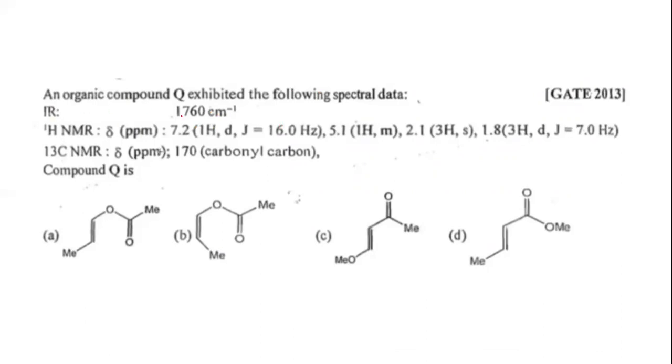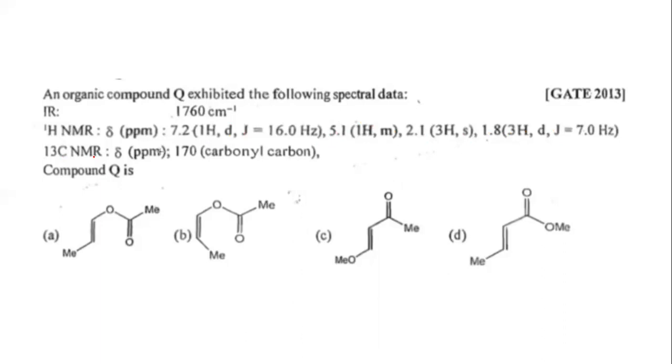The IR value at 1760 centimeter inverse, and the proton NMR: a peak at 7.2 for 1 hydrogen, a doublet with a J value of 16 Hertz, a peak at 5.1 for 1 hydrogen, a multiplet, 2.1 for 3 hydrogens, a singlet, and 1.8 for 3 hydrogens, a doublet, and the J is 7 Hertz.